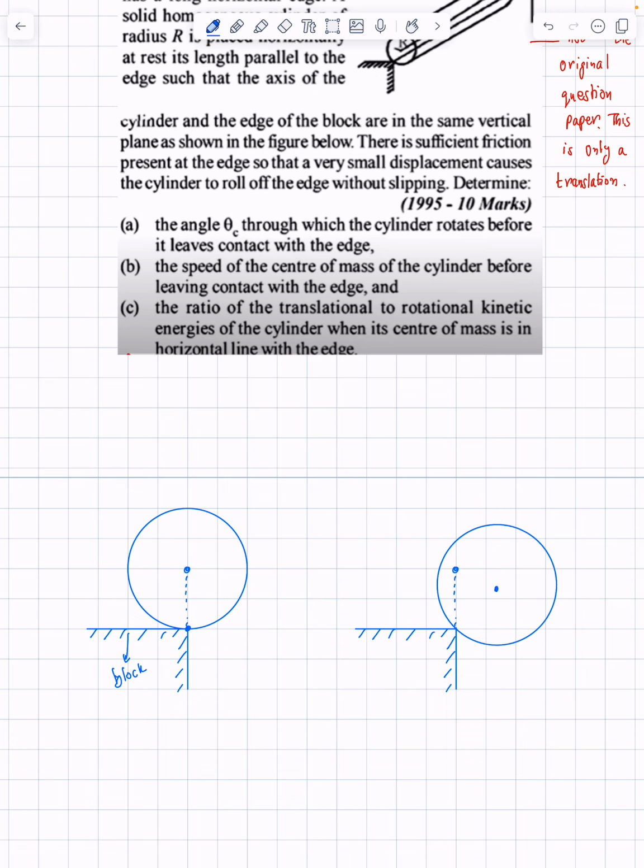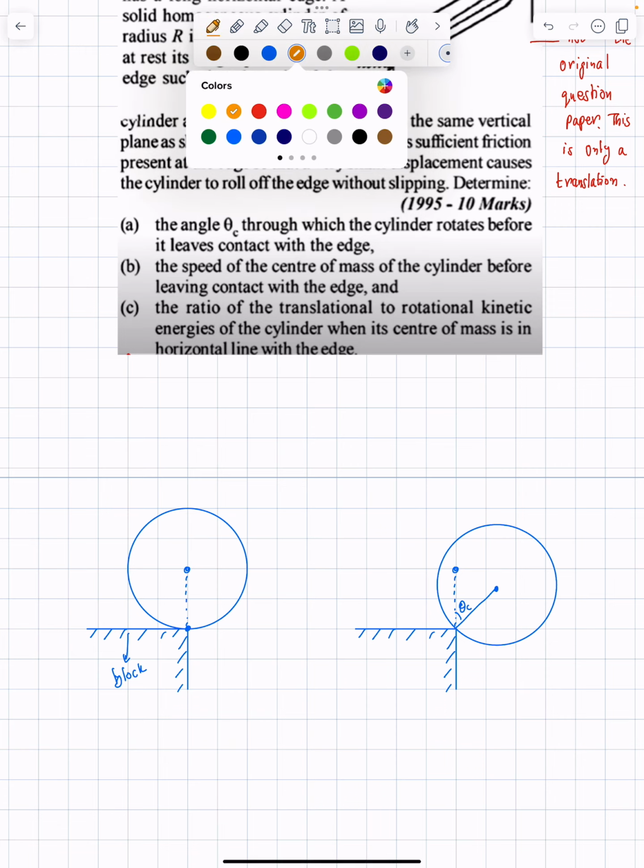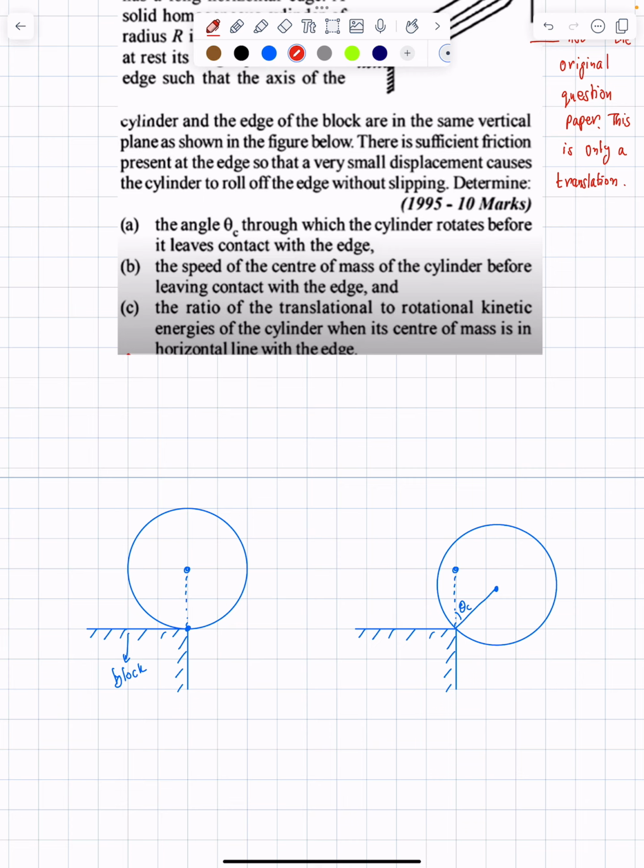Let's say this is the center, or basically the point through which the axis of the cylinder goes, and this is the angle theta c. That's what they're asking us to find. And so let's show some of the forces acting on this system, or basically on the cylinder.